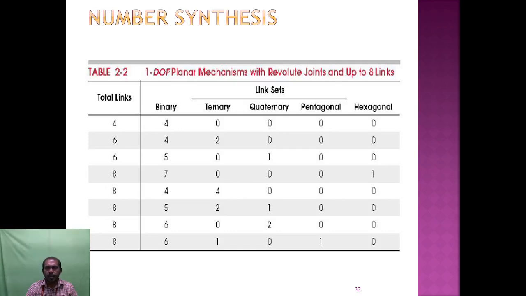And finally, link 8 with 6 binary, 1 ternary and 1 pentagonal. So this is the degree of freedom for revolute joints, the number synthesis. Now we have briefly explained the kinematics of mechanisms. So thank you very much.